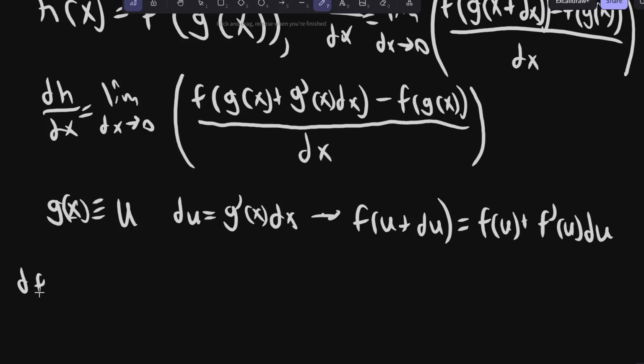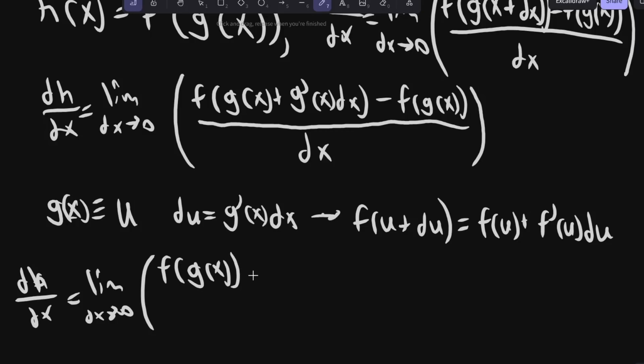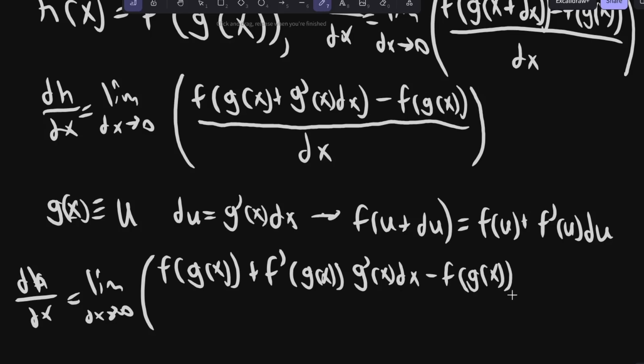So putting all that together, we get dh dx equals the limit as dx approaches 0 of f of g of x plus f prime of g of x times g prime of x dx, minus f of g of x.